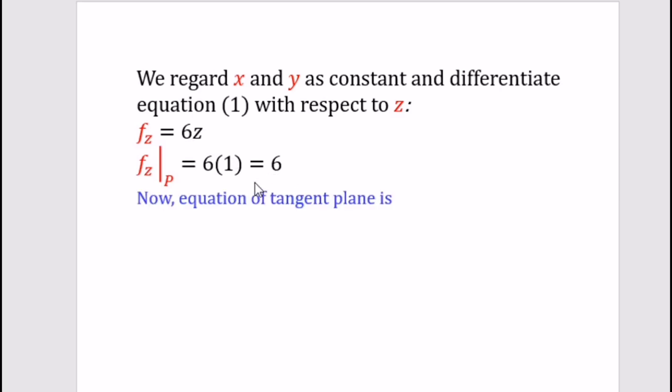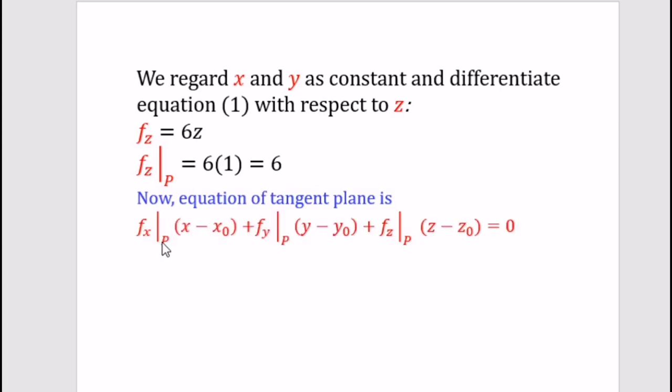Now the equation for the tangent plane is fx at P times (x minus x0) plus fy at P times (y minus y0) plus fz at P times (z minus z0) equal to 0. Now we have the values of fx at P, x0, fy at P, y0, fz at P and z0.